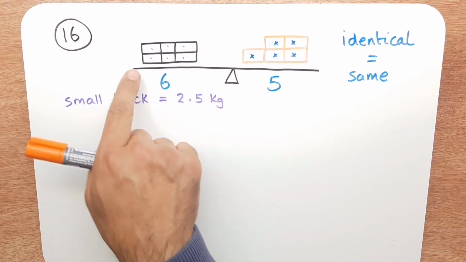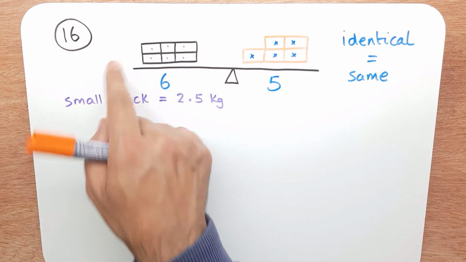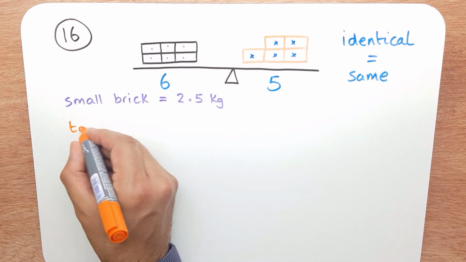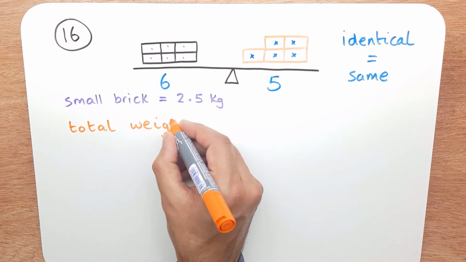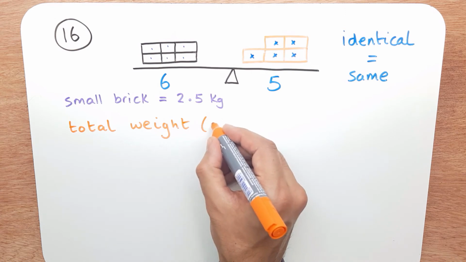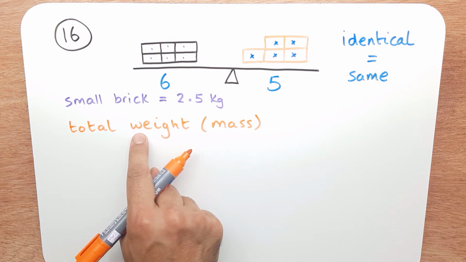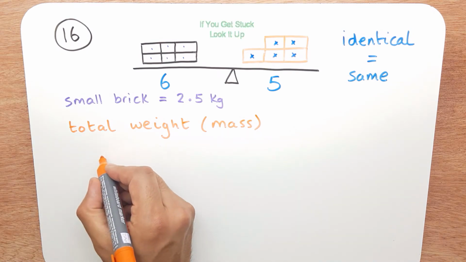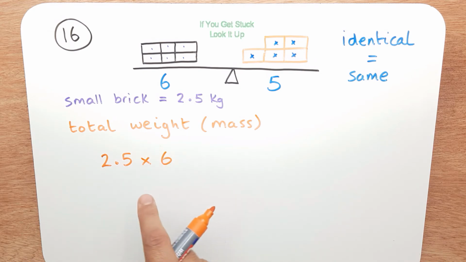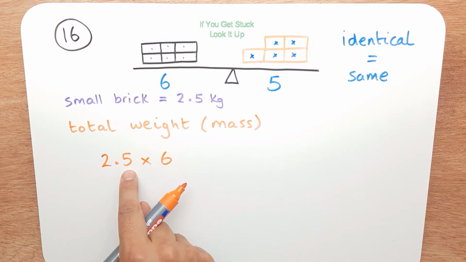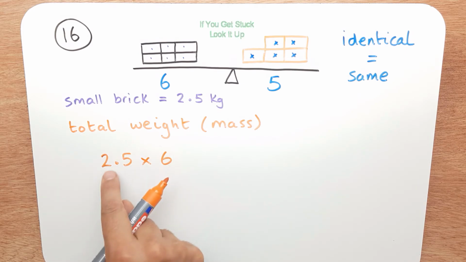So the first thing we can do is work out the total weight of this side. So the total weight, or mass really, but they've used the word weight, we'll use the word weight. 2.5 times 6, because each brick is 2.5 kilograms and there's 6 of them, and that's the calculation we need to do.